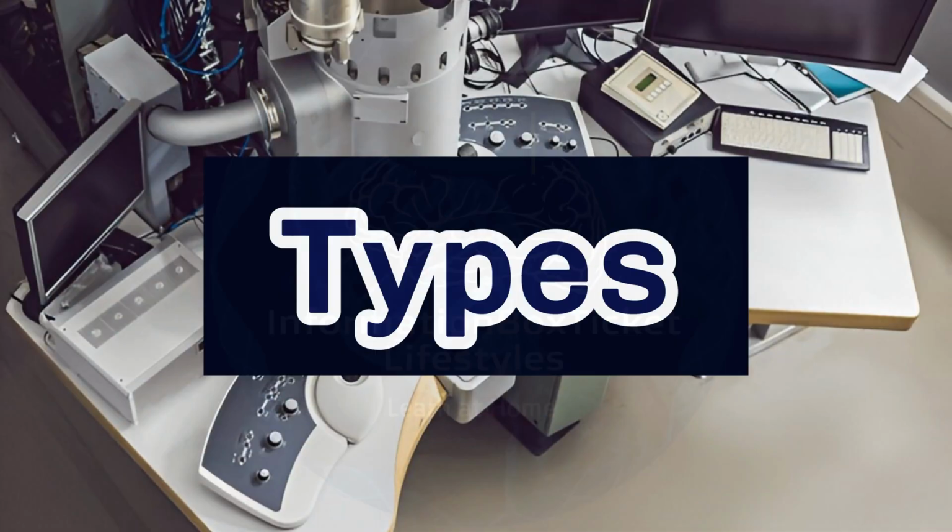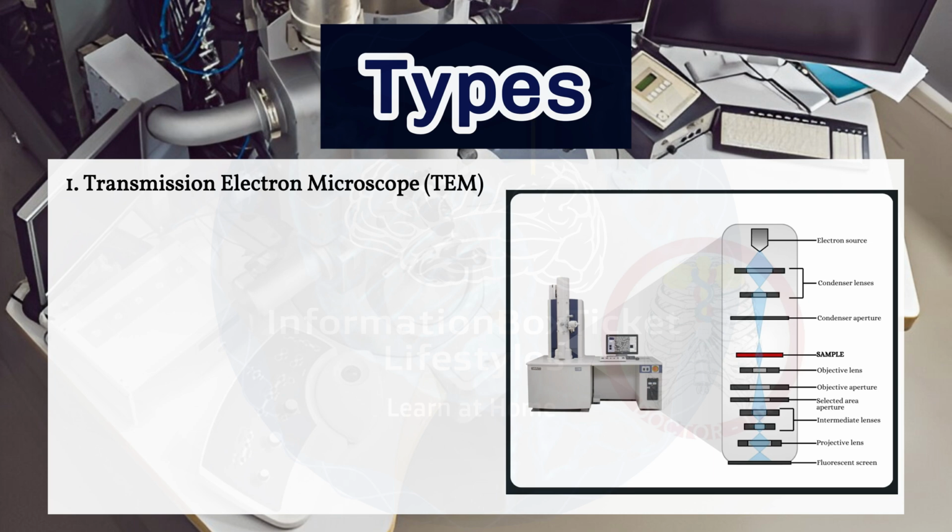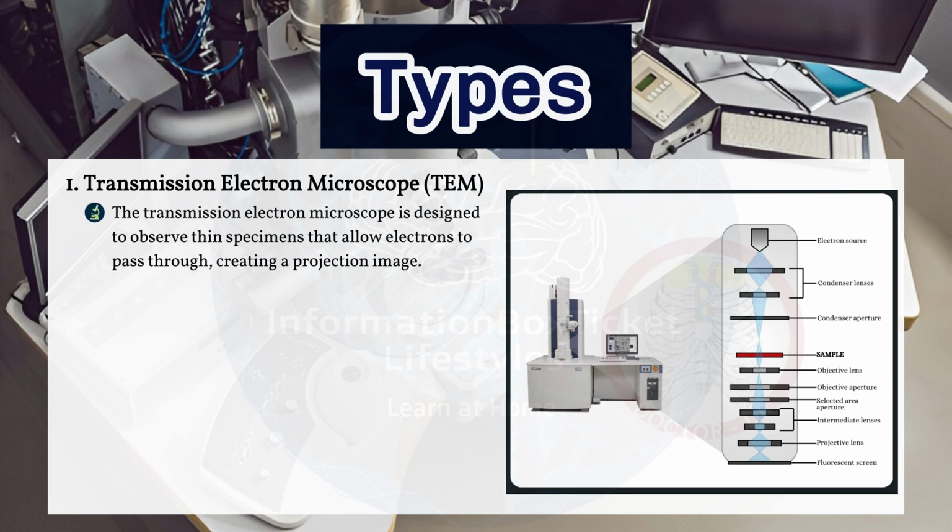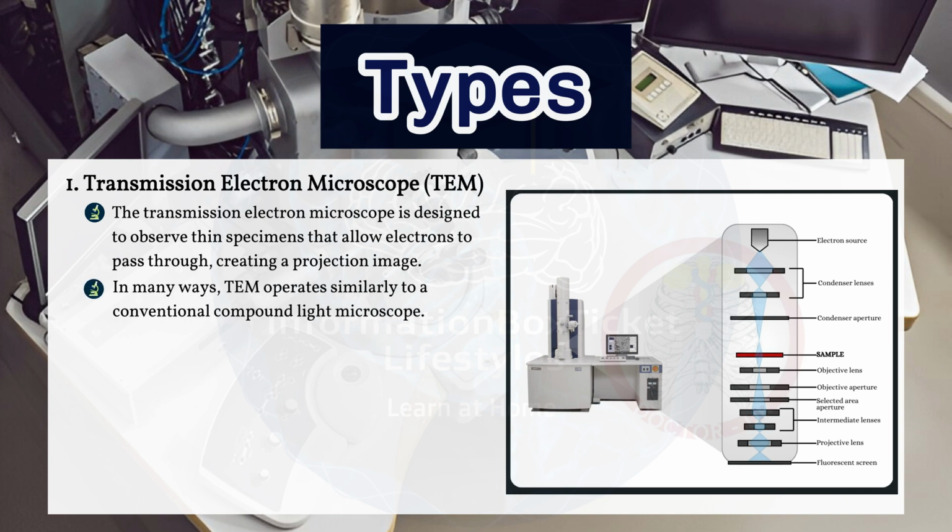Types of electron microscope. 1. Transmission electron microscope. The transmission electron microscope is designed to observe thin specimens that allow electrons to pass through, creating a projection image. In many ways, transmission electron microscope operates similarly to a conventional compound light microscope.